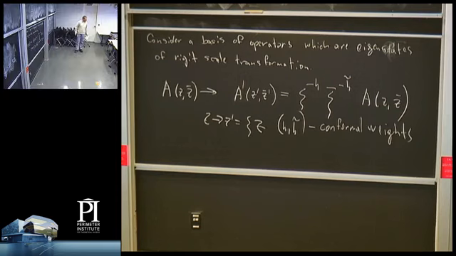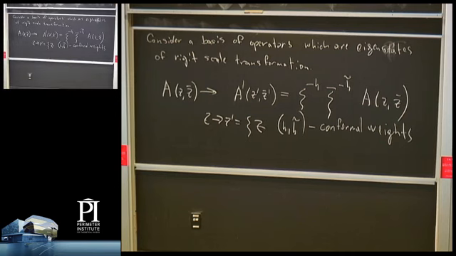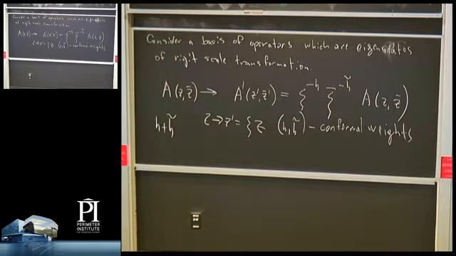So in particular, one of the operators of this type that we know is our field X, right? So what are the conformal weights of X? 0, 0, right? It exactly transforms in this form with those being 0, 0. But in general, this is something that I don't want to spend time on here.